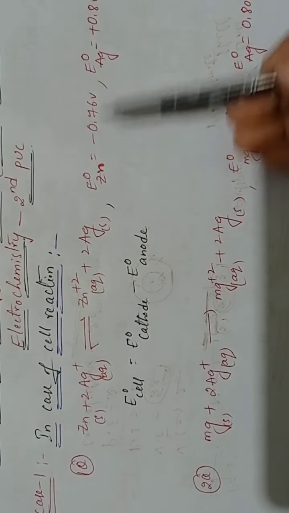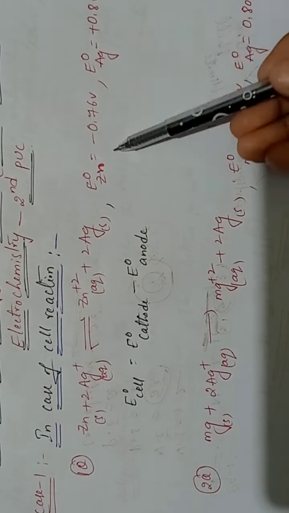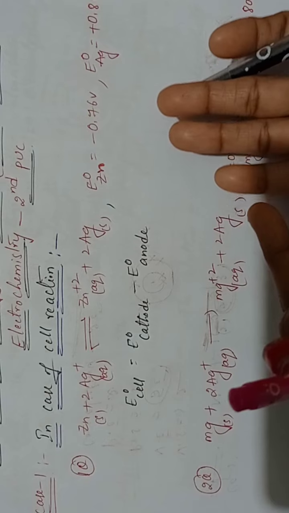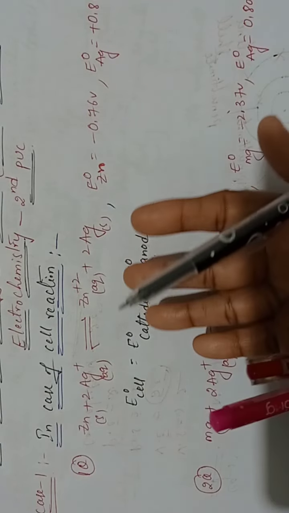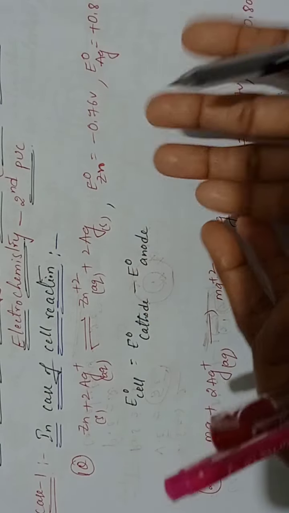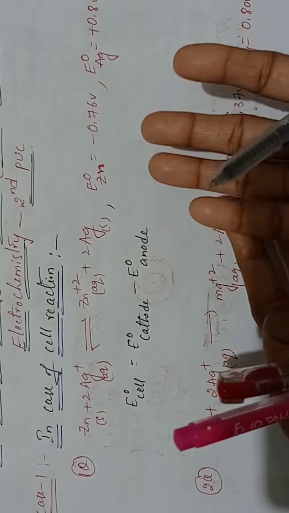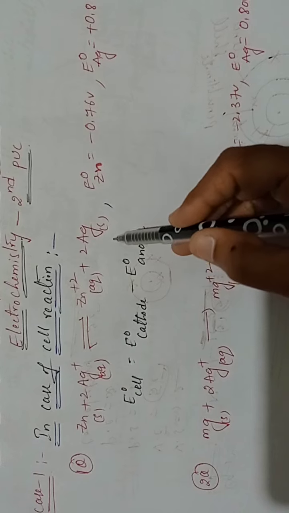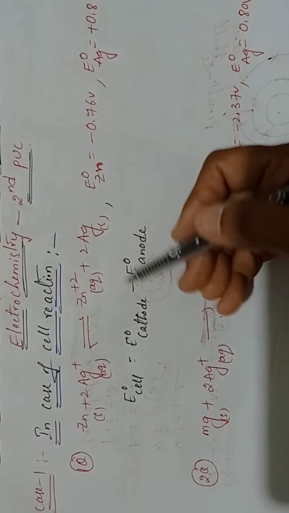Zinc is given, silver is given, but we don't know which is which. The question doesn't say this is cathode and this is anode. So how do we identify the cathode and anode in this cell reaction?